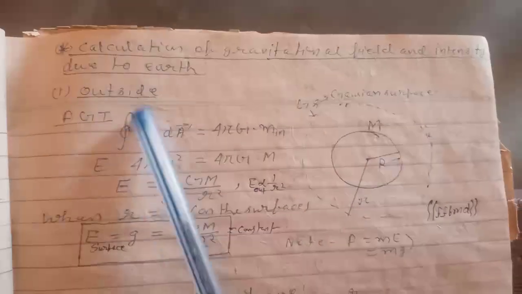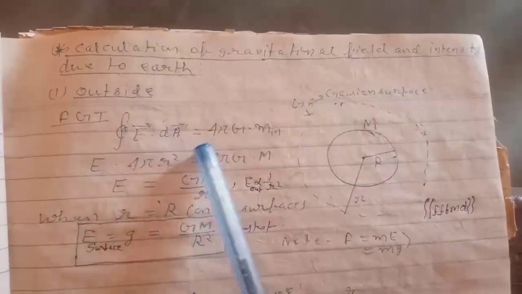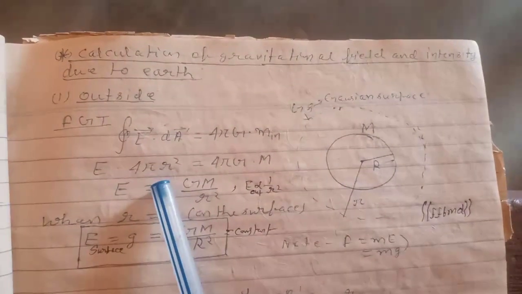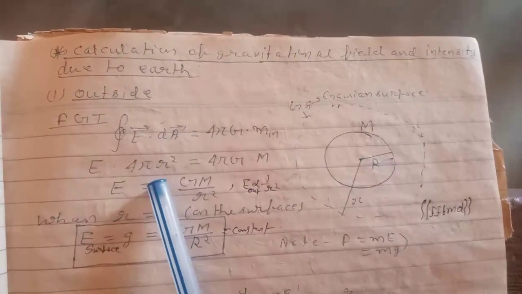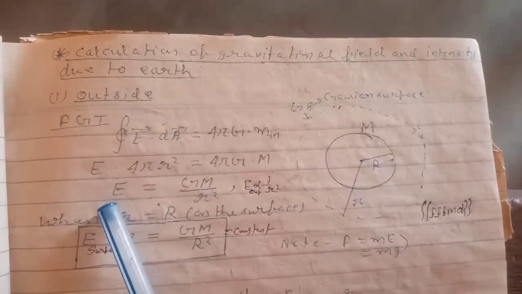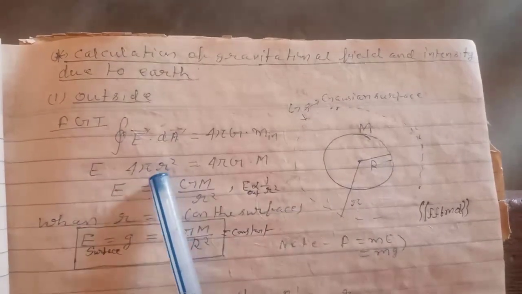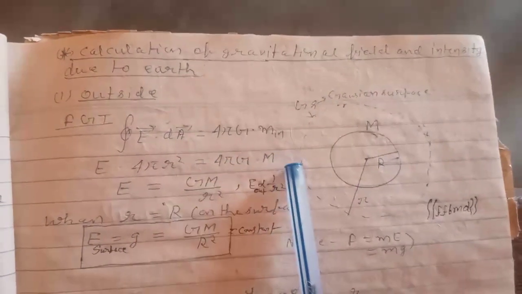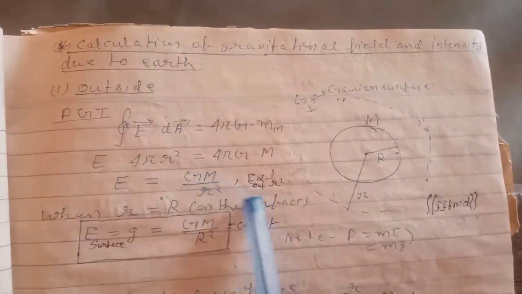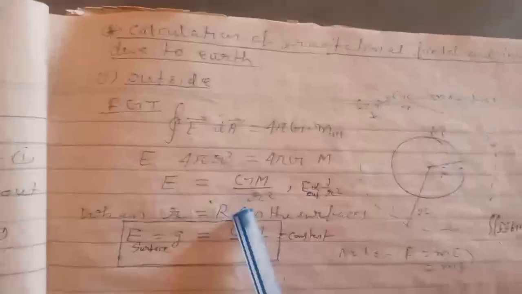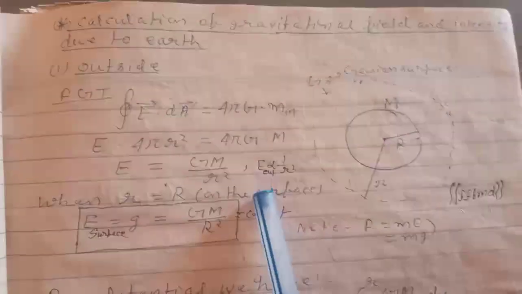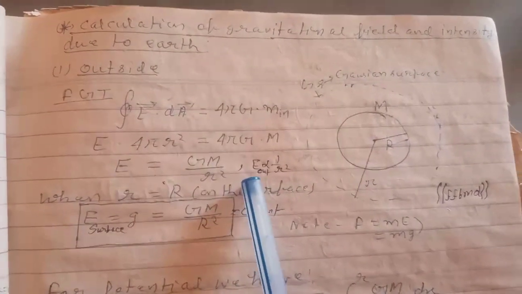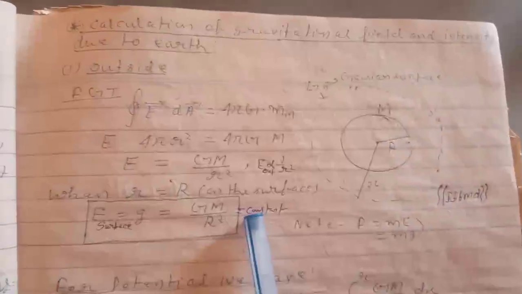Now from Gauss's theorem, integration of E vector dot dA vector equals 4 π G times m enclosed, or E into 4 π x square equals 4 π G m, hence E equals G m by r square, so E outside is proportional to 1 by r square.